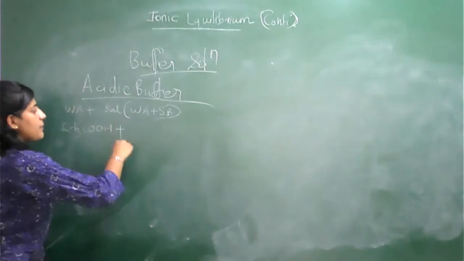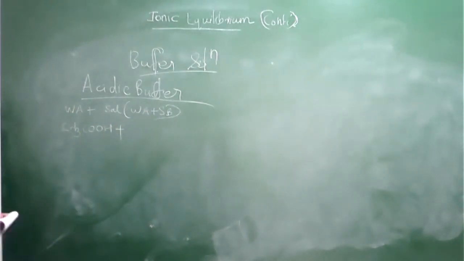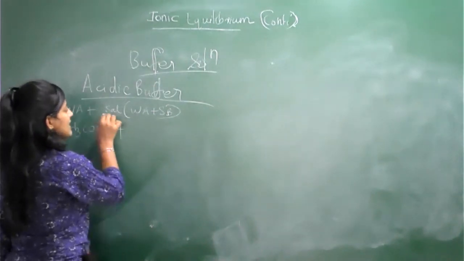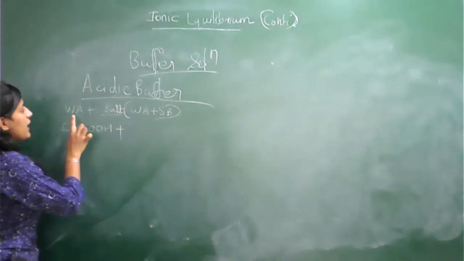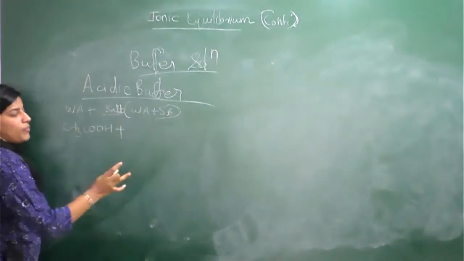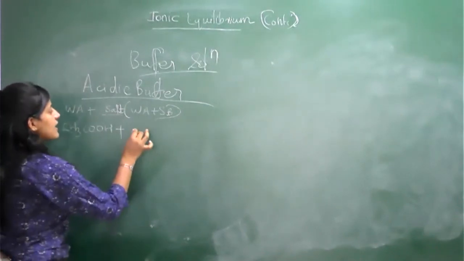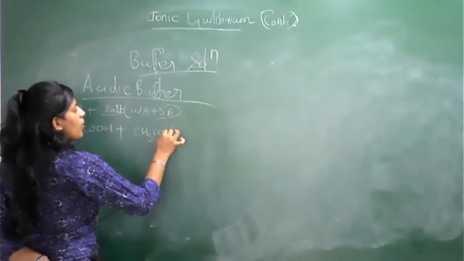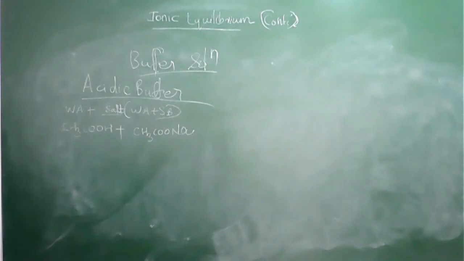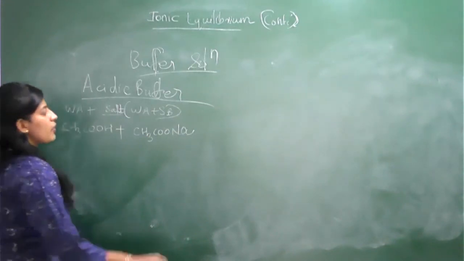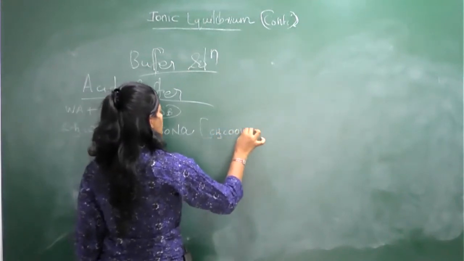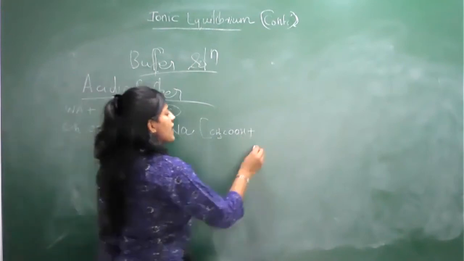Then the salt is CH3COONa. Why? Because the weak acid CH3COOH combines with the strong base NaOH.